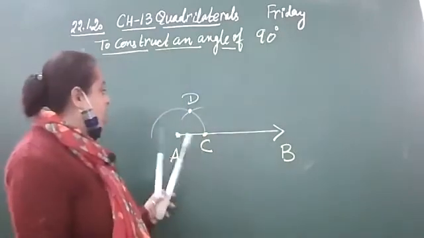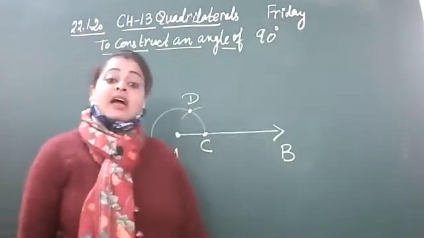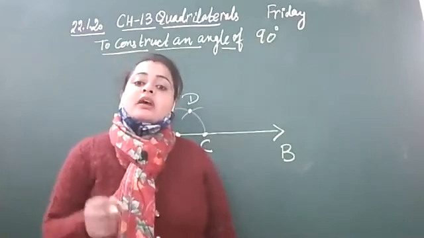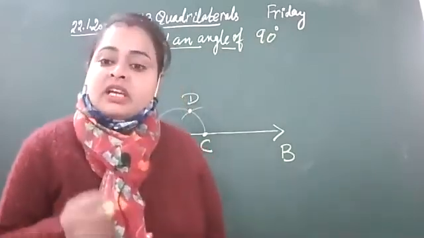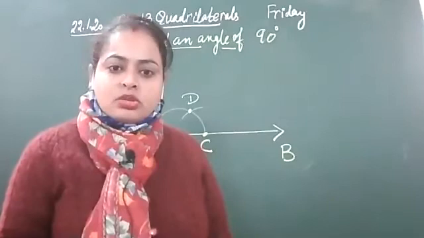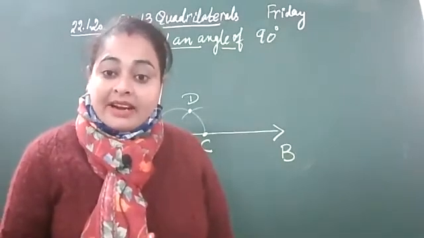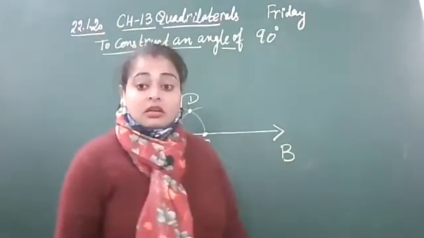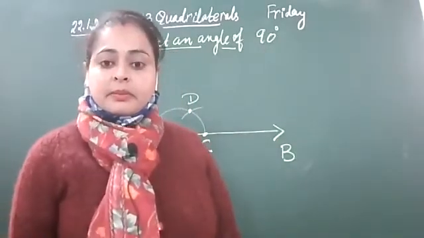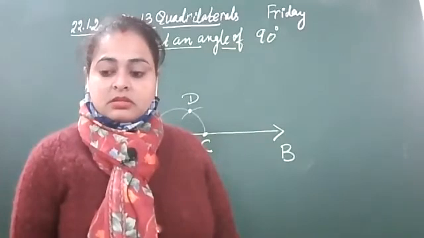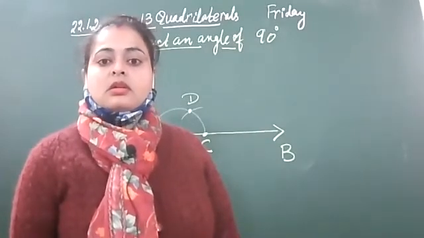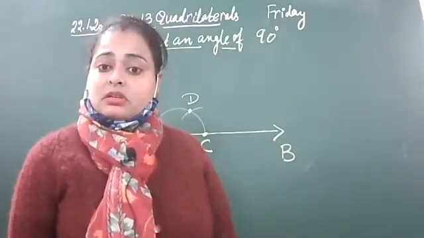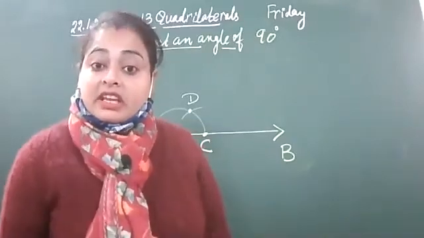We would draw a slanting line, called a ray, if our requirement were a 60-degree angle. But in this question, we do not require a 60-degree angle. We require a 90-degree angle. So what is the next step?